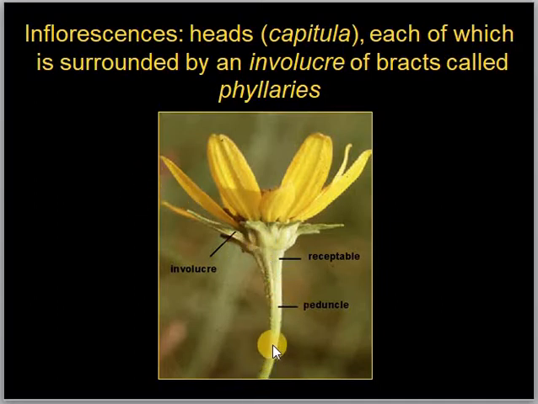This is the peduncle. The tip of the peduncle is called a thalamus, and it is broad, and there are multiple rows of small bracts present, and these bracts are called involucre, and this involucre of bracts are called phyllaries.